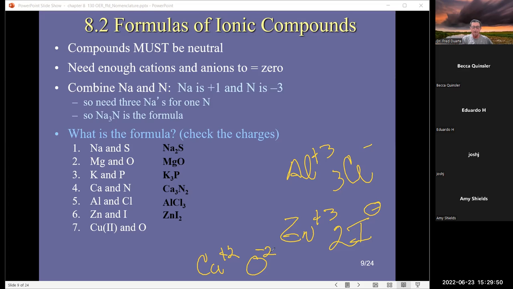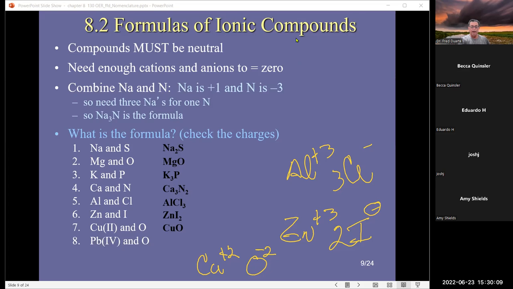So I got copper +2 and oxide with a -2. Straightforward 1-to-1, and that's the formula. Okay, now I'll write down all the names here when we're done.